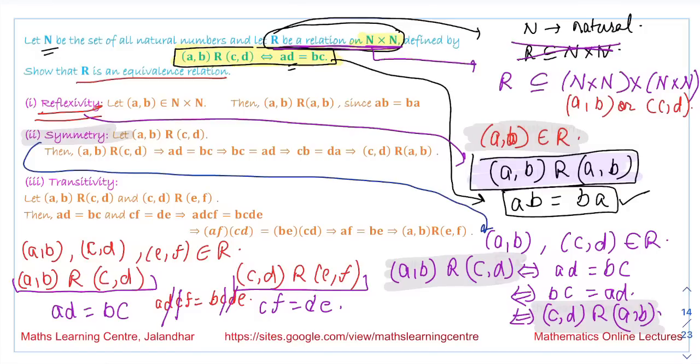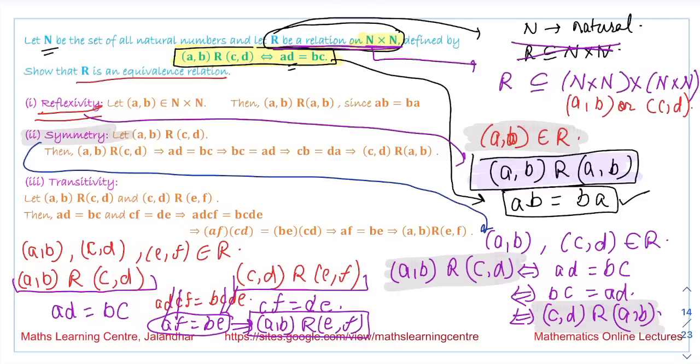So this C gets cancelled and this D gets cancelled. So we are left with AF is equal to BE. What does AF equal to BE mean? This implies that (A, B) is related to (E, F).